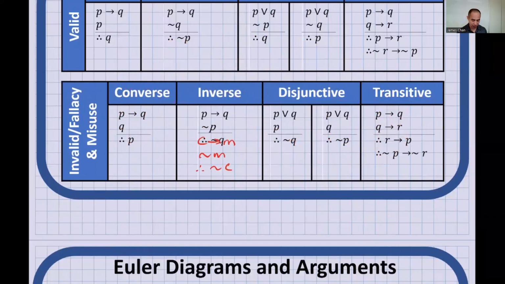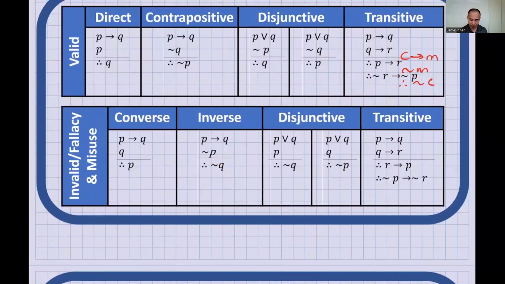Anybody? Which one of these do we have? Was it a converse? Where the not M is there, right? So it wasn't inverse, right? It wasn't this. Which one was it? Huh? Is it contrapositive? Yeah.